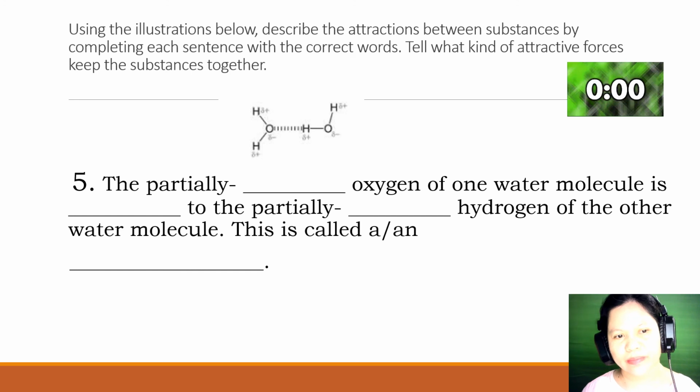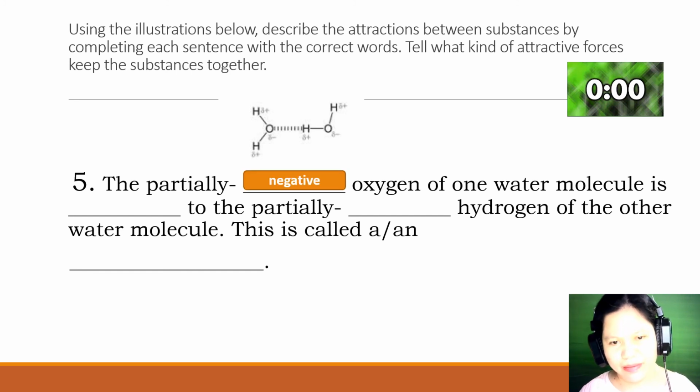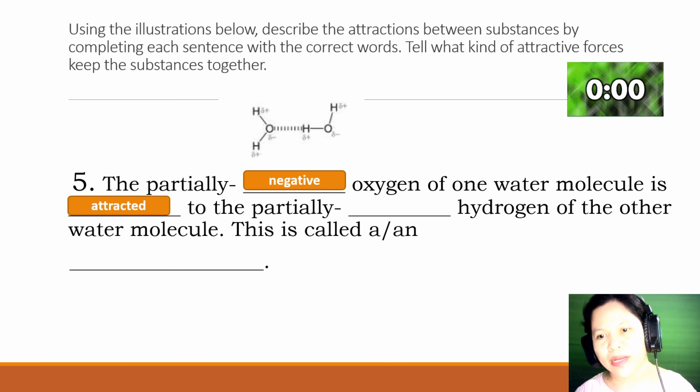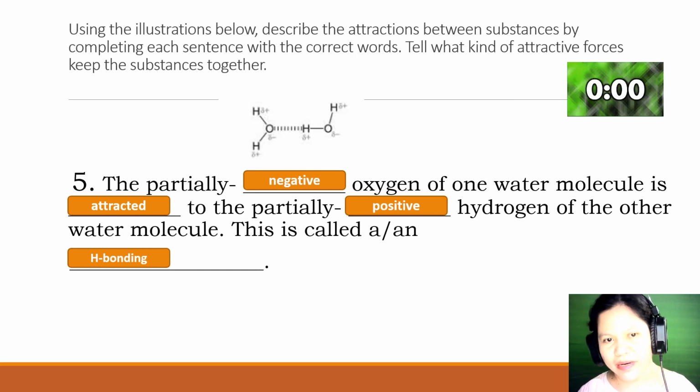Okay, so let's check. The first blank is negative because the oxygen is negatively charged. Then it is attracted to the partially positive hydrogen of the other water molecule. This is called hydrogen bonding.